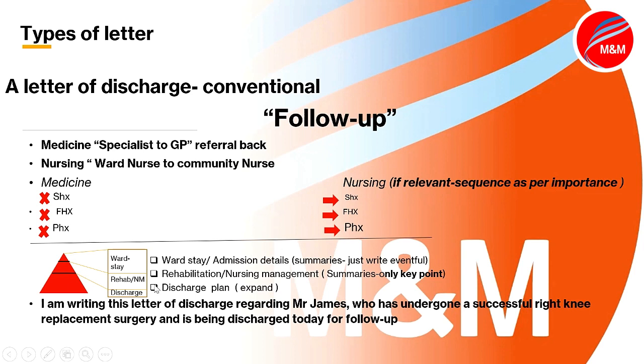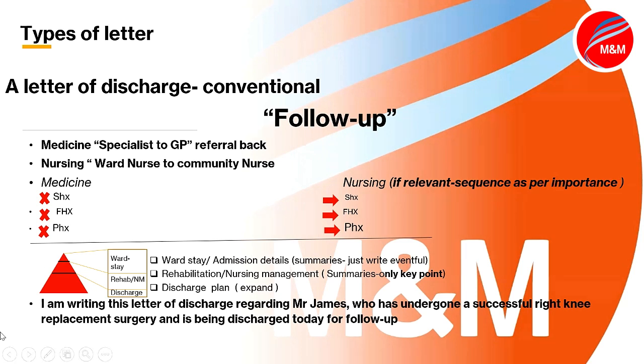But mostly in a conventional letter of discharge, if we have a ward stay, if we have the rehabilitation, let's say, if we have the discharge plan, we need to summarize the ward stay. We have to expand the rehabilitation, and the discharge plan should be expanded again. Is it clear to you?